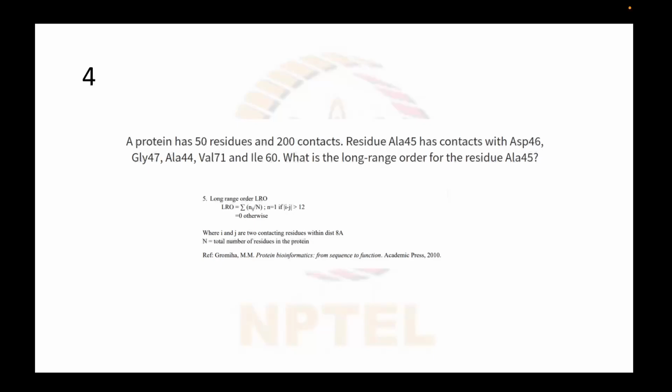Okay, now that we have got here, let's try to calculate long range order for residue valine 71 now. From the same condition I am changing alanine 45 to valine 71, and we'll try to find the contacts.